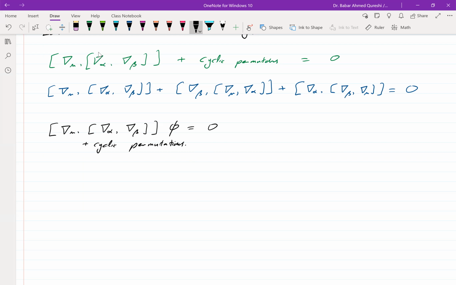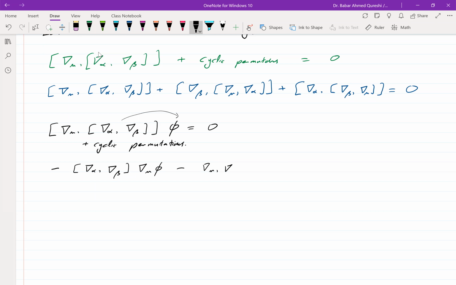First, this commutator hits the scalar, and then this hits d mu. But I know when the commutator hits the scalar, we just computed that that's 0. So that term doesn't contribute. I only have the other term with a minus sign, where d alpha, d beta is acting on the action of d mu on phi. And then I'm considering all the cyclic permutations.